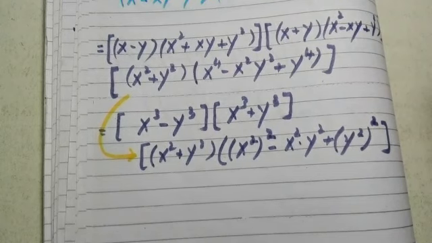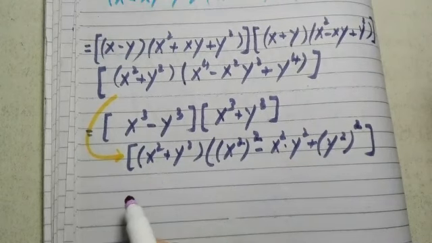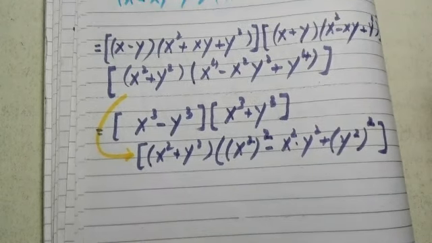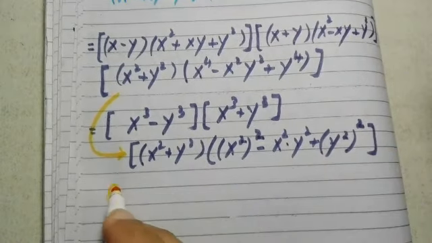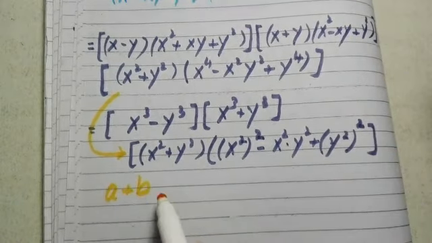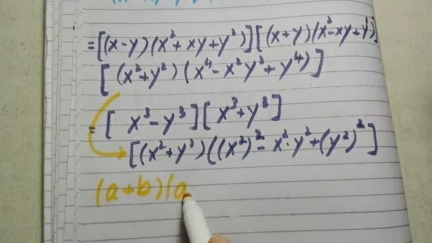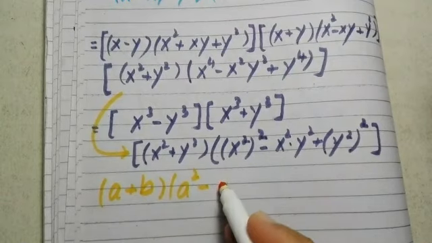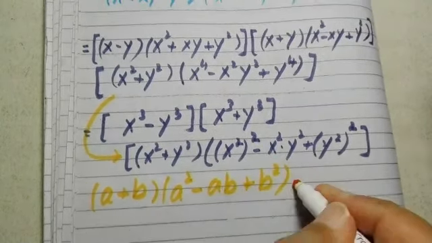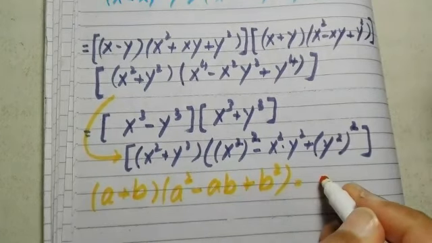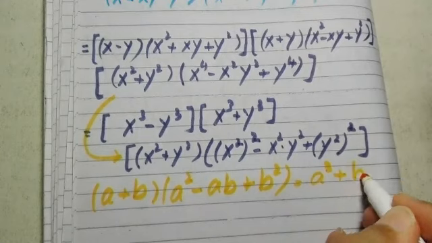The formula is (a + b)(a² − ab + b²) equals a³ + b³.